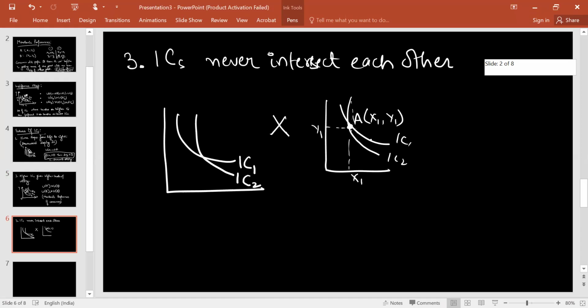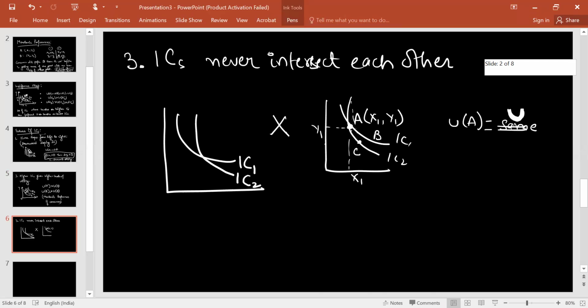Now I draw another consumption bundle. The consumption bundle A, which lies on both indifference curves, has the same level of utility. The utility derived from A is U. And now I'll take other consumption bundles, B and C.